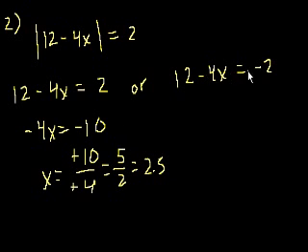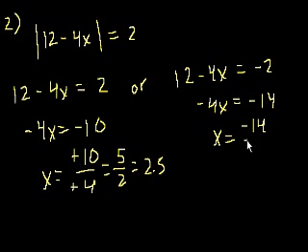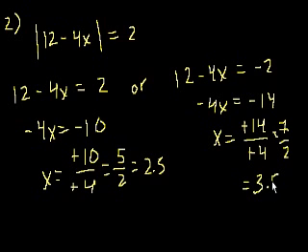So let's look at the other possibility. Subtract 12 from both sides, you get minus 4x is equal to minus 2 minus 12 is minus 14. X is equal to minus 14 over minus 4. Negatives cancel out, which is equal to 7 halves, which is equal to 3.5. So x could be 2.5 or 3.5, and that is choice D.